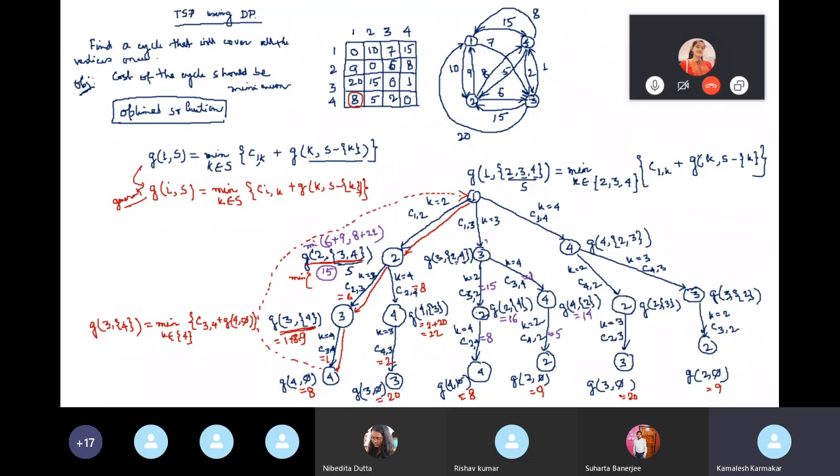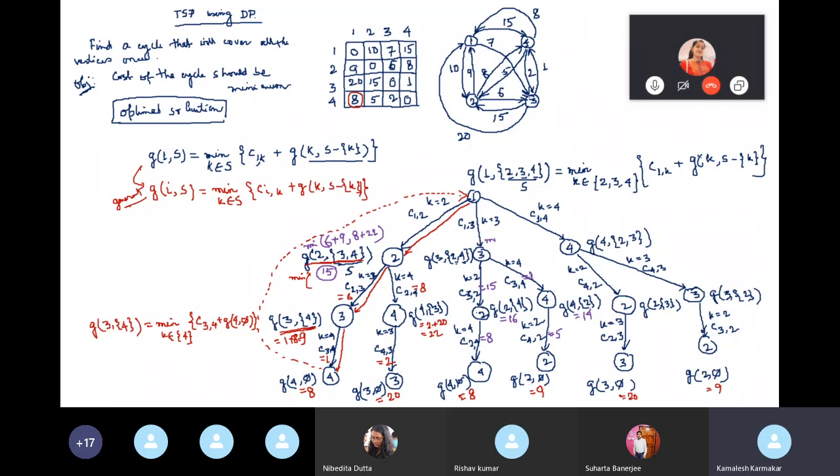So here we have to calculate: in this path it's 16 plus 15, in another path it's 1 plus 14.